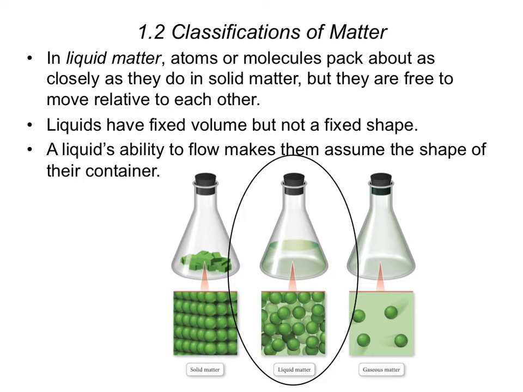The big implication behind that is liquids have a fixed volume, right? But now they take on the shape of their container, okay? So solids had a fixed volume, fixed shape. Liquids have a fixed volume, but now they have a shape, whatever the shape is of the container, okay?